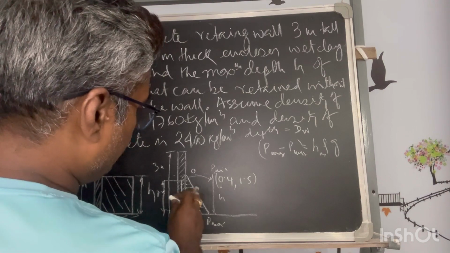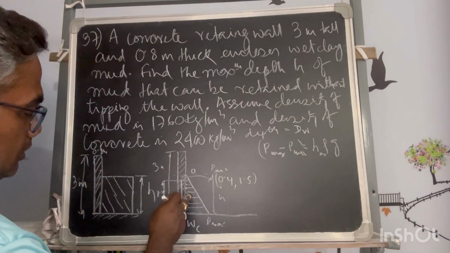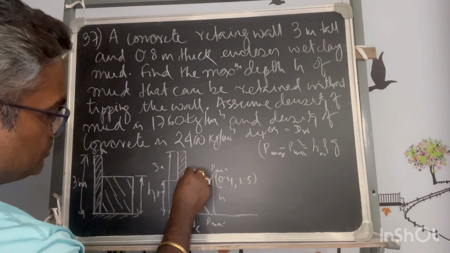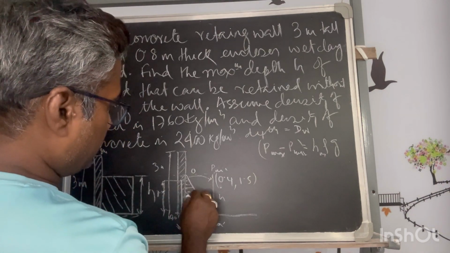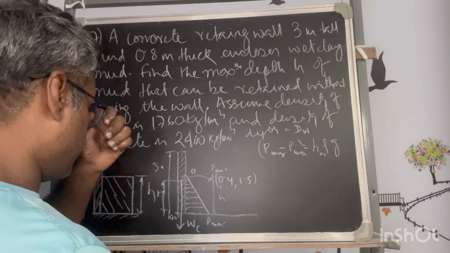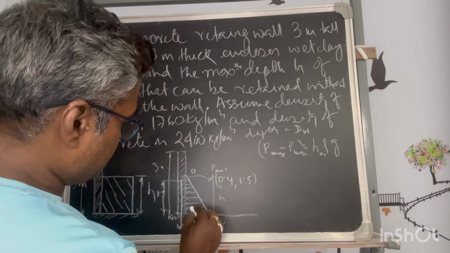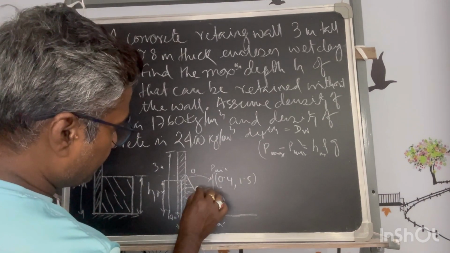Fine. So the mud pressure is acting from 0 to max, and if it is a concentrated load varying uniformly, as I have seen in the earlier cases, the load will act at what point?